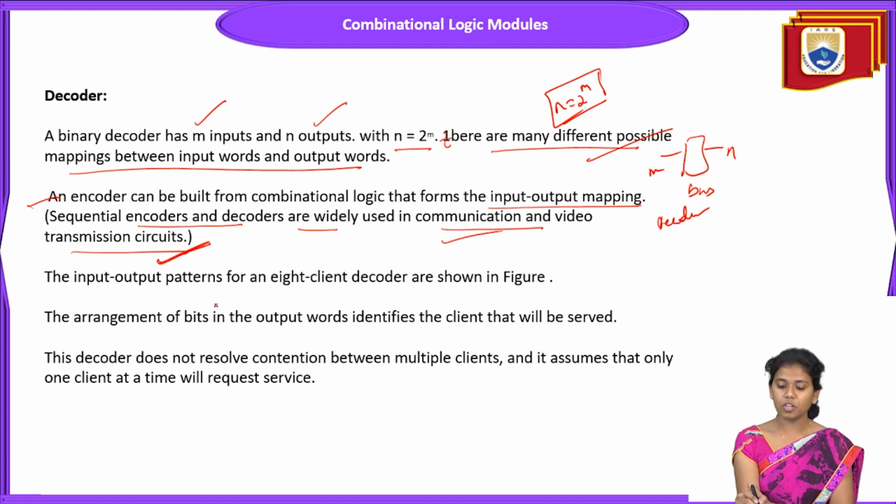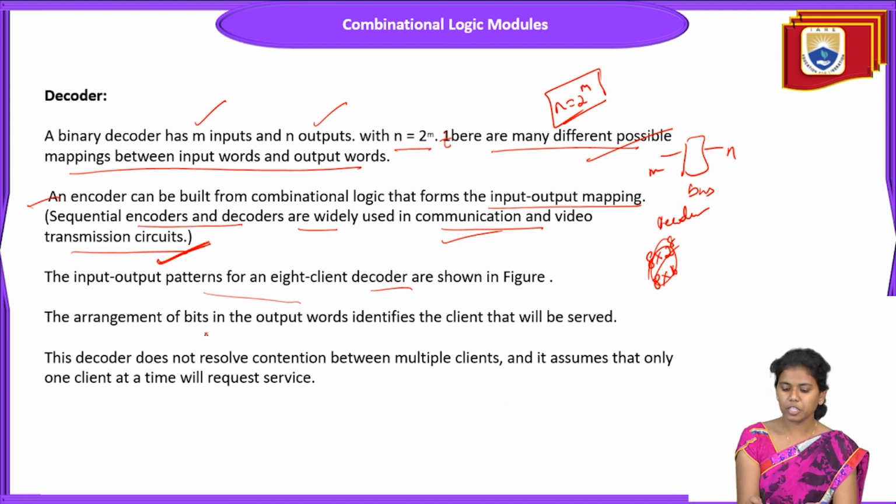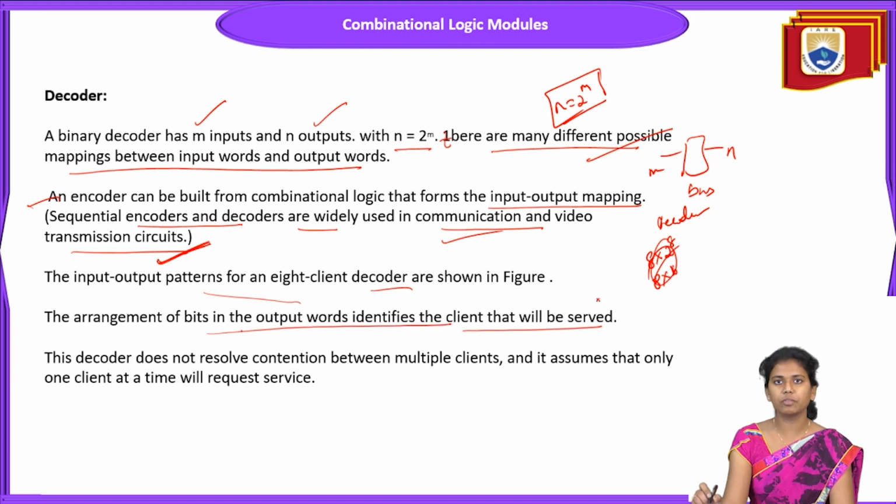Then the input output patterns of an 8-line decoder. An 8-line decoder means 8 to 2 power 8, 8 by 16, right? So the 8 by 16 decoder is the example that we will consider in this slide. The arrangements of bits in the output word identify the clients to be served.